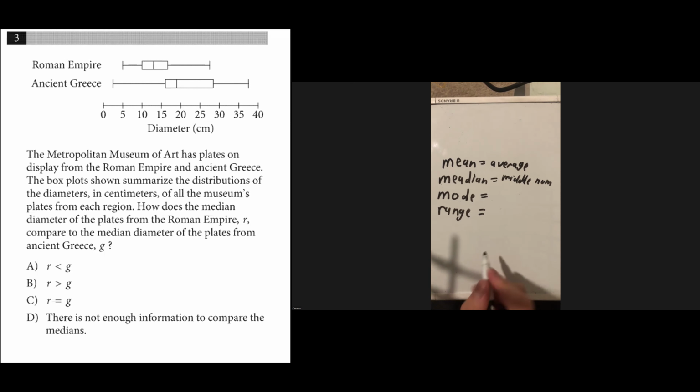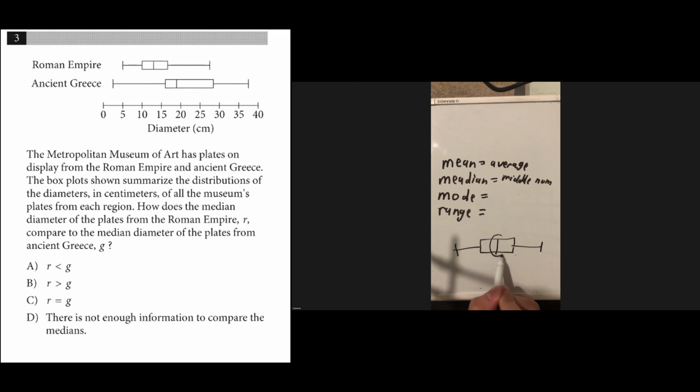And so in a box plot, which looks like this, this is the highest number, this is the lowest number. This is Q3, this is Q1, and this is the median number or the middle number.